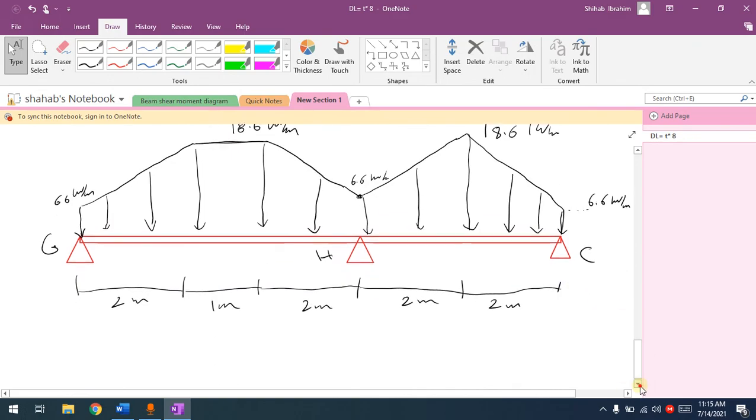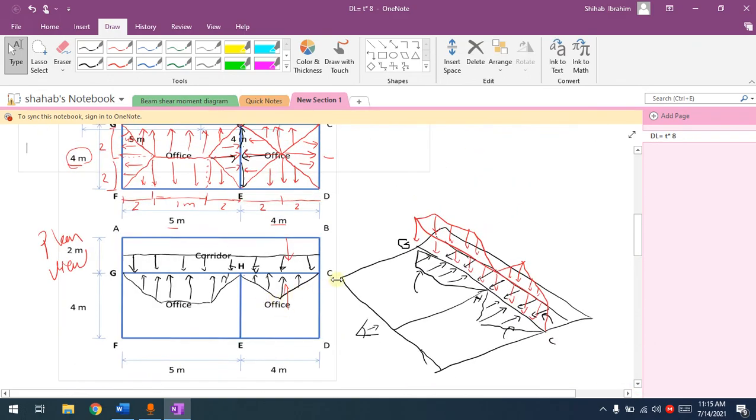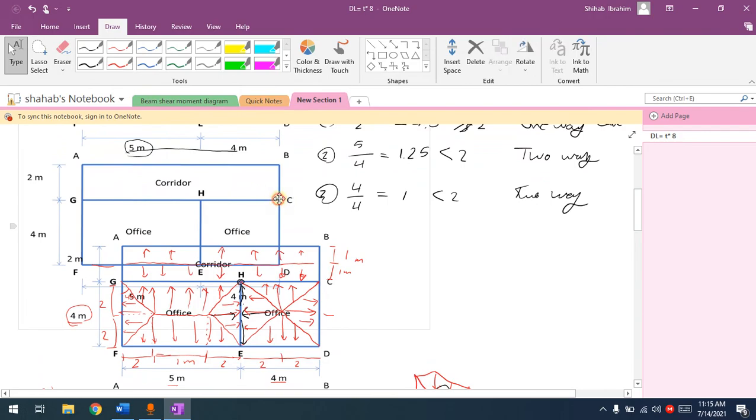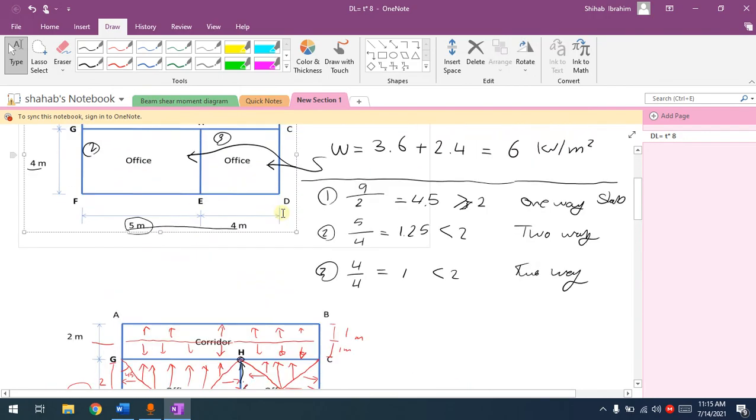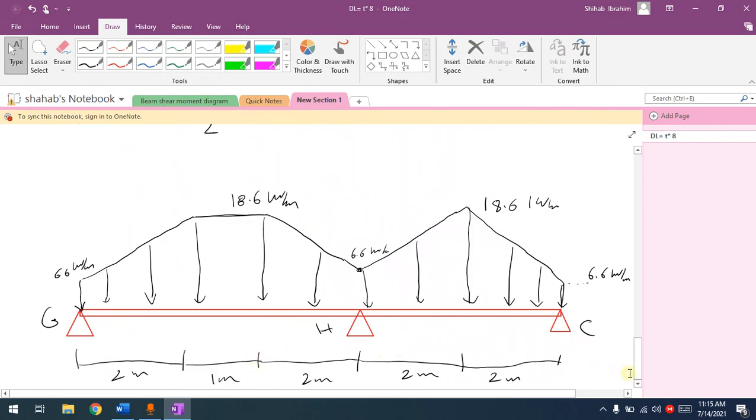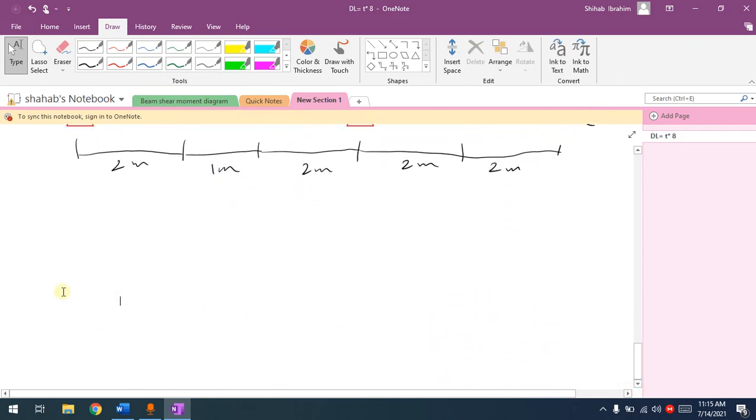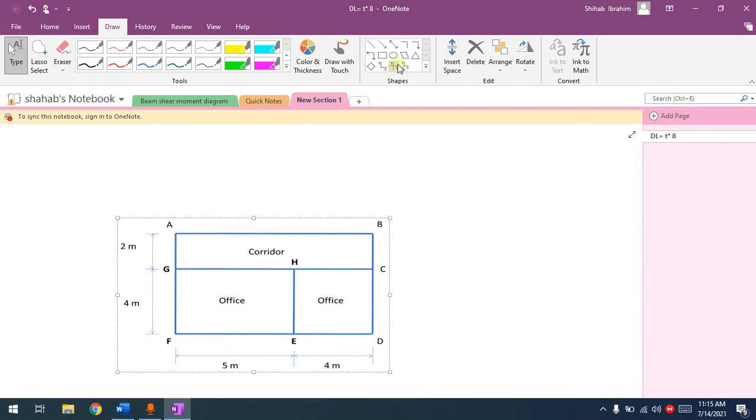Let's say I don't have a column at, let's say if I provide some columns, there is a column at A, and a column at B. Now at the location where there is no column, we shall provide a point load.